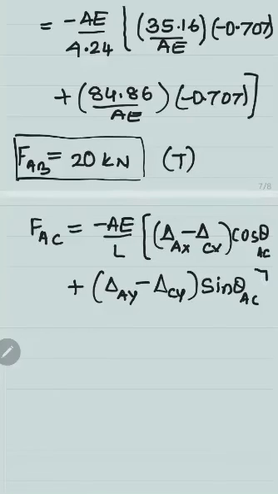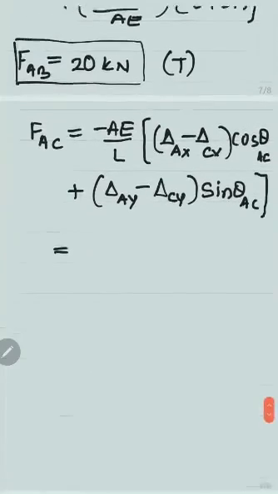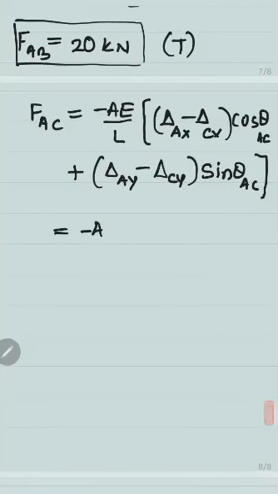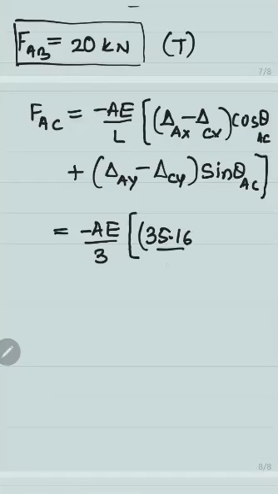If you substitute, it will be minus AE, constant, divided by the length of member AC. AC length is 3 meters into bracket delta AX. Delta AX is 35.16 divided by AE into cos of theta AC, it is minus 1, and delta CY term, sine of theta AC is 0 anyhow, so this term will be 0.